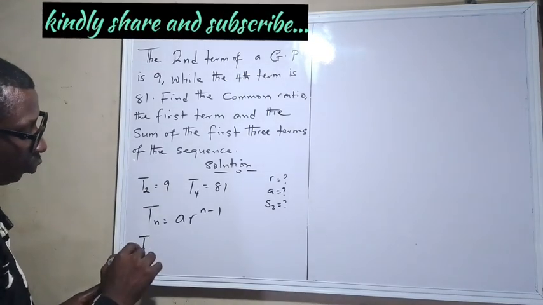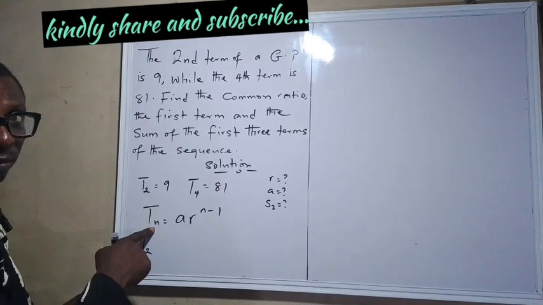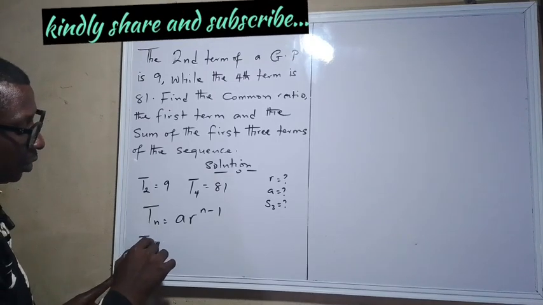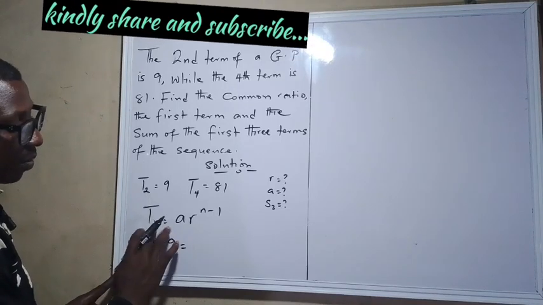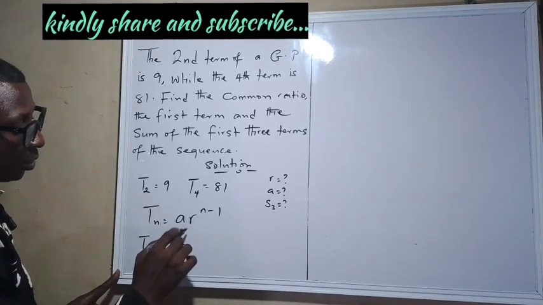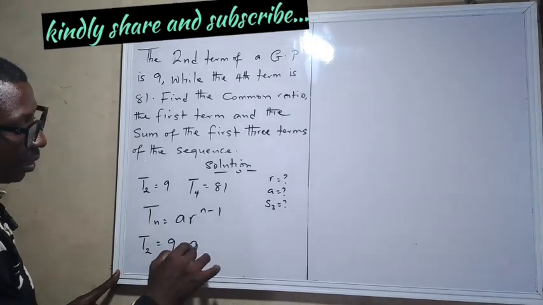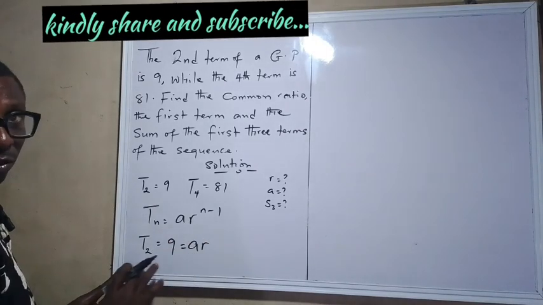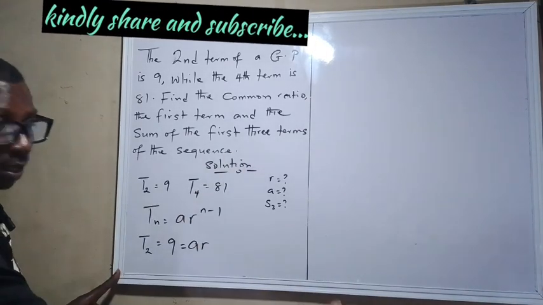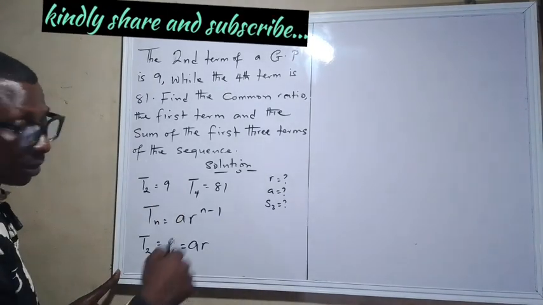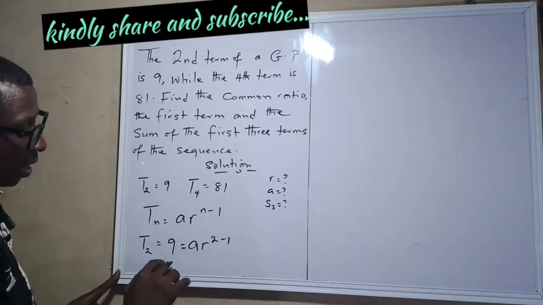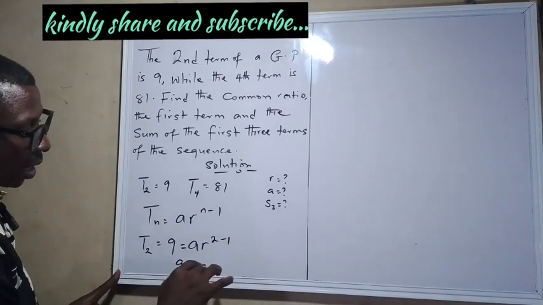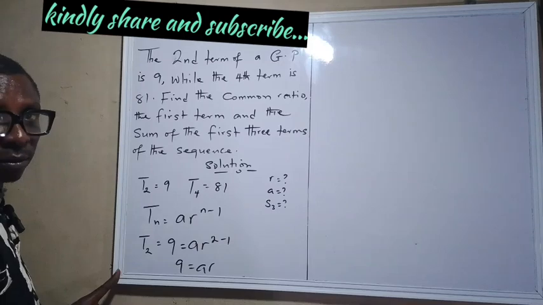So T2, that is when N is 2, which is the same thing as 9, will be equal to A. I'm substituting into this formula. So I have A, R raised to the power of N, which is 2, minus 1. So we have 9 equals A, R raised to the power of 1.